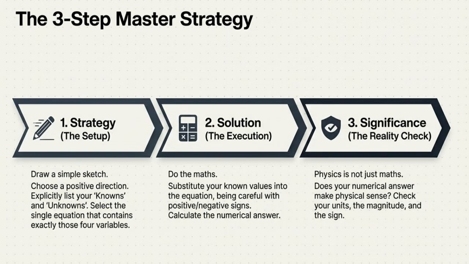Substitute your known values carefully into the equation, watching your positive and negative signs, and work through to get your numerical answer. Finally, step back and critically check your result. Ask yourself if the answer makes physical sense by reviewing the units, the size of the number, and whether the sign aligns with what's realistic. This approach helps ensure your solution is both mathematically correct and physically meaningful.